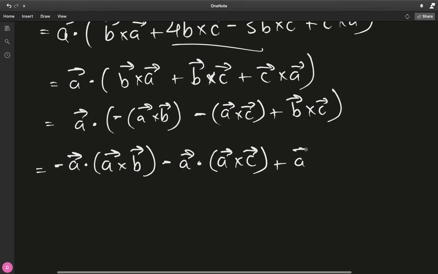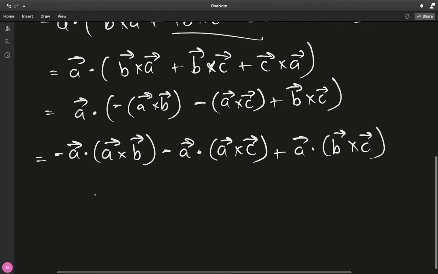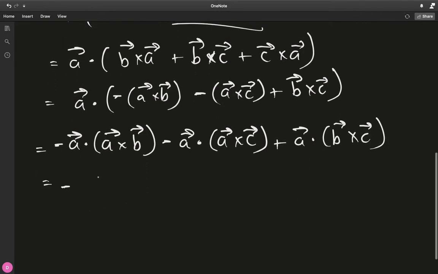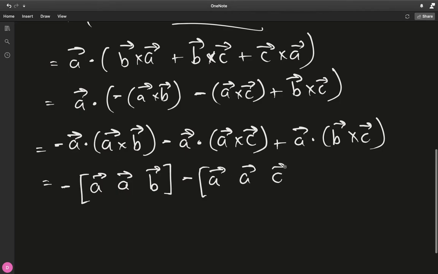plus a vector dot b vector cross c vector, and this is nothing but negative scalar triple product of a vector and b vector, and this is nothing but negative scalar triple product of a vector and c vector, and this is scalar triple product of a vector, b vector and c vector.